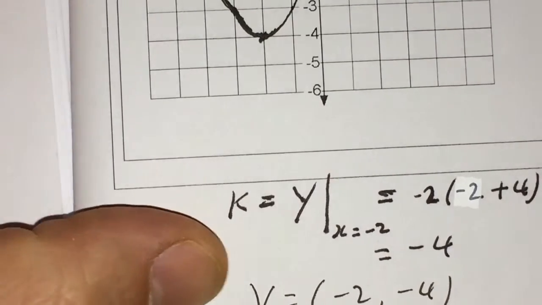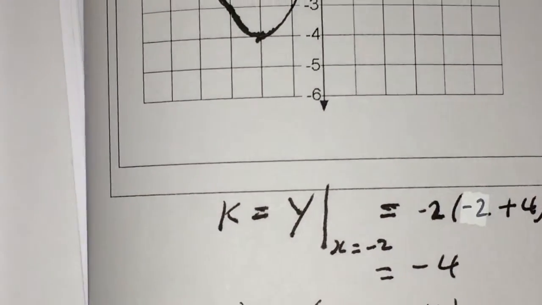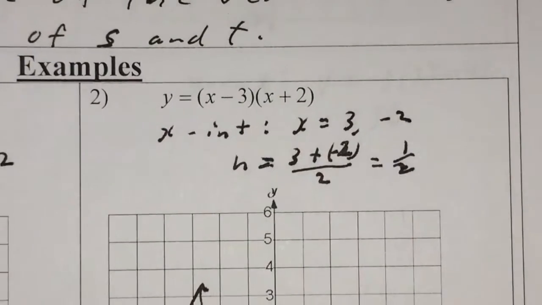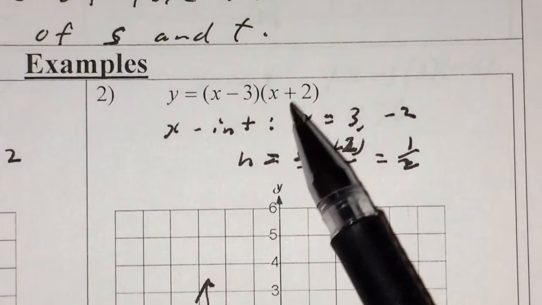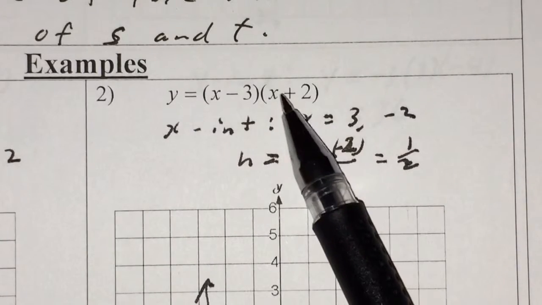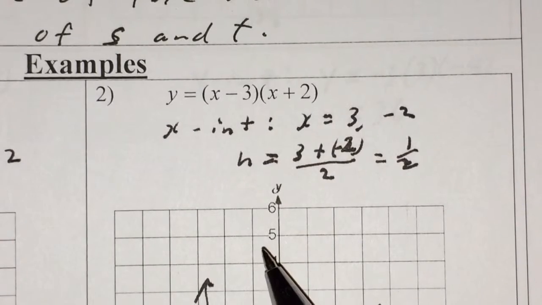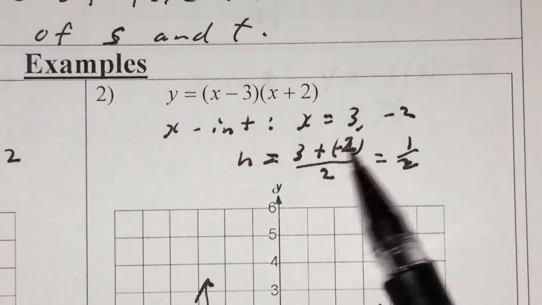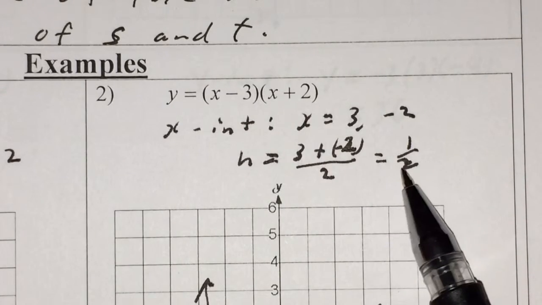Let's take a look at this other example here. If we've got y equal to (x minus 3)(x plus 2), we can see directly that the x-intercepts are 3 and negative 2. Those are the values that make y 0. h is in the middle of those two. So 3 plus negative 2, over 2, is 1/2.